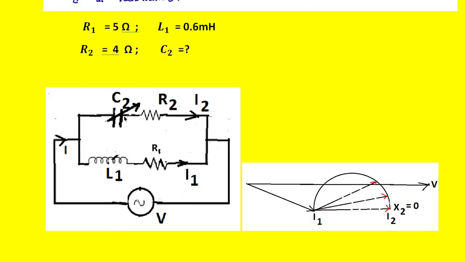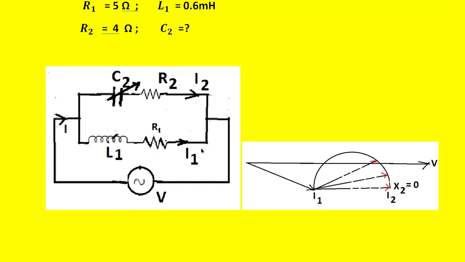Here the circuit values are given like this: R1 is 5 ohms, L1 is 0.6 millihenries, R2 is 4 ohms and C2 is variable. This capacitance is to be found for getting the resonance for this circuit.